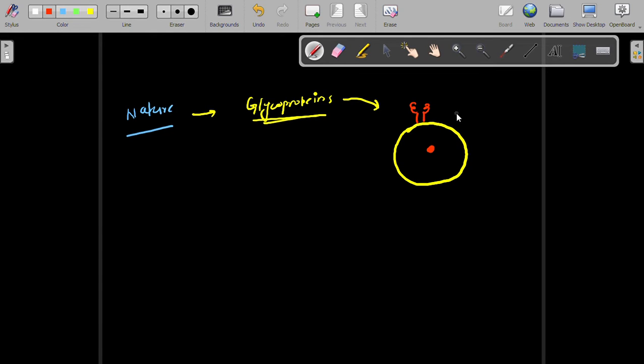Okay. So what is the function of this MHC? What is the need for the presence of this MHC on the surface of the membranes of the cell?